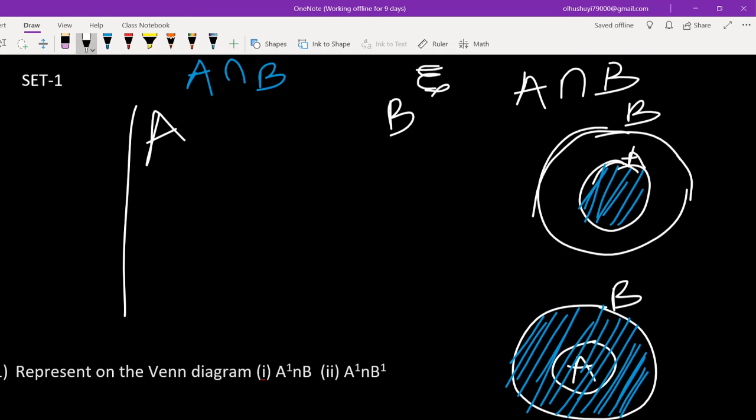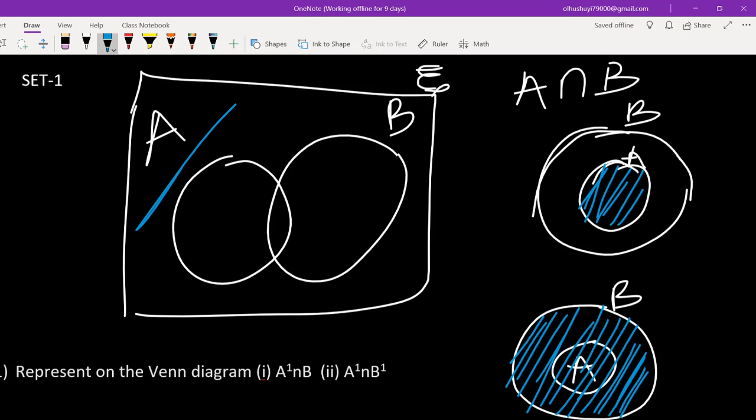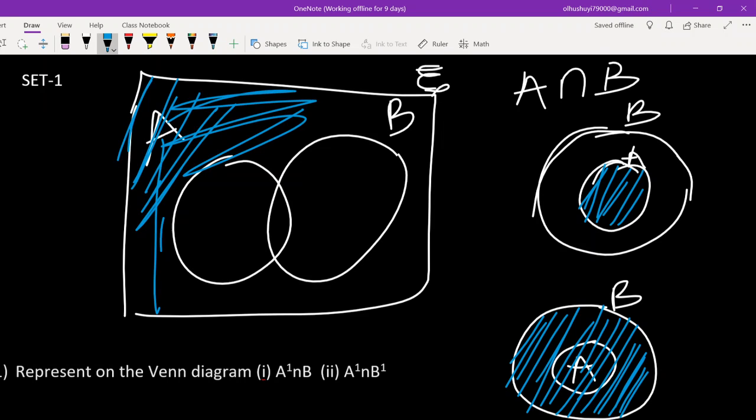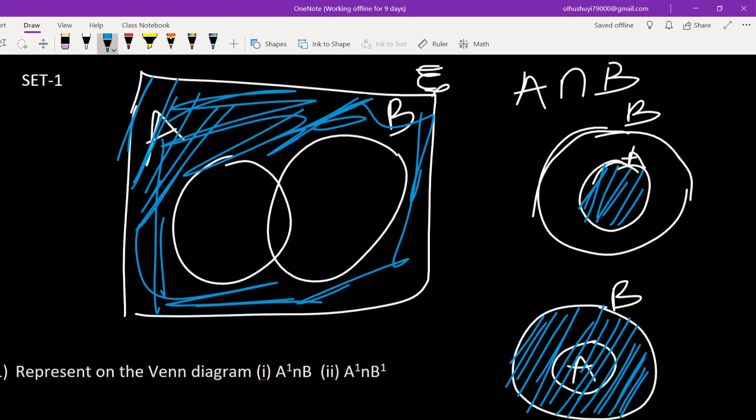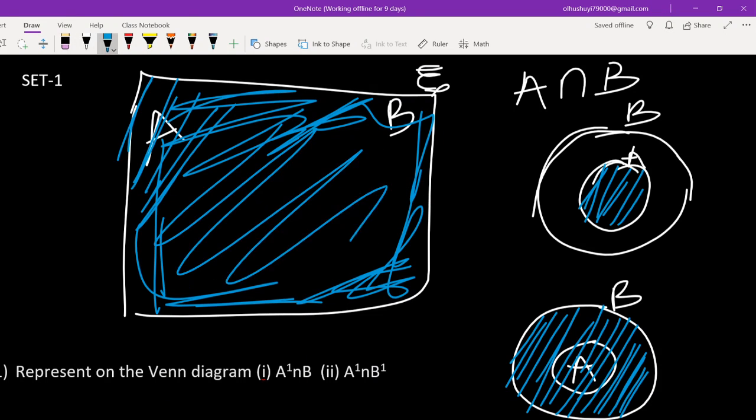So we have this. Now this outside part is where A is not existing, and this also for B. So I can decide to wipe these two, then shade this whole region.